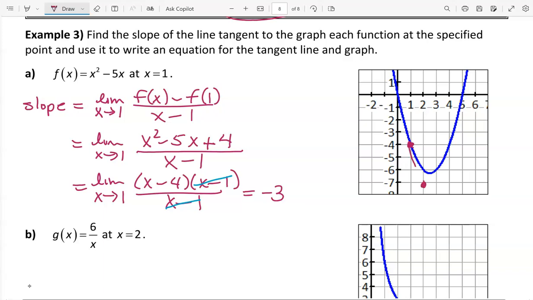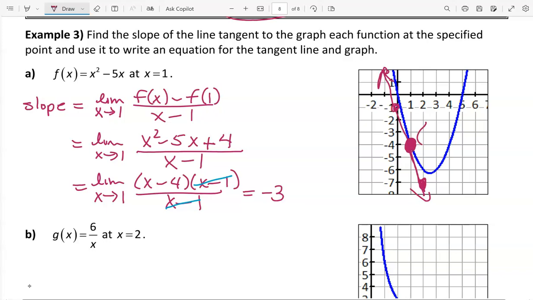I'm going to draw a picture of that. Here's the point where x equals 1 on the graph, and then if I create a slope of -3 from there, we can see that the line that's formed is tangent to that graph.